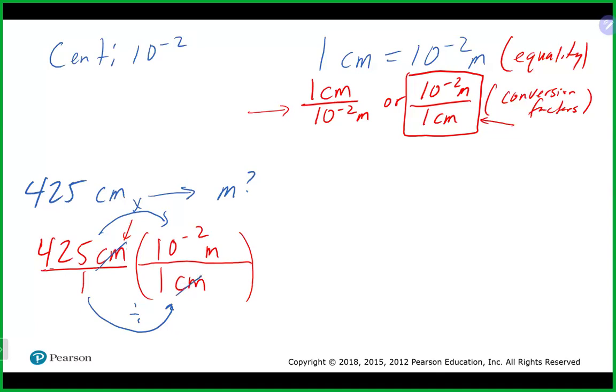It's the same idea as if you took 2 divided by 2, that equals 1, right? They essentially cancel each other out. So if you have a unit of centimeters on top and a unit of centimeters on the bottom, it's like dividing 2 by 2, it equals 1, which essentially means they cancel each other out.